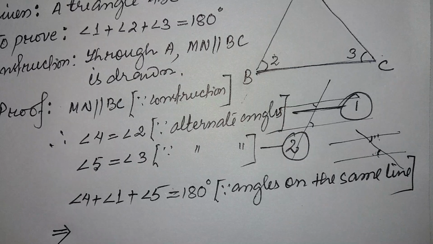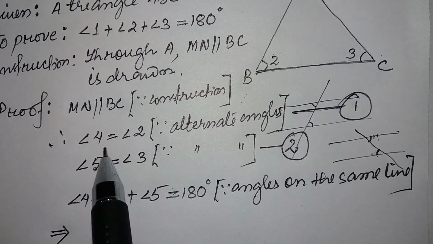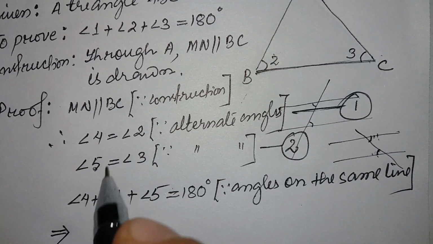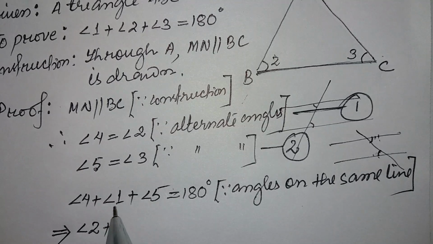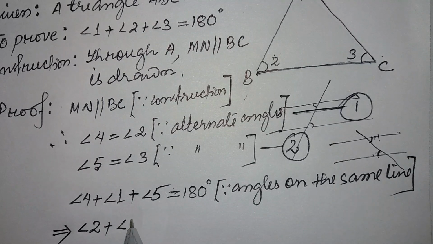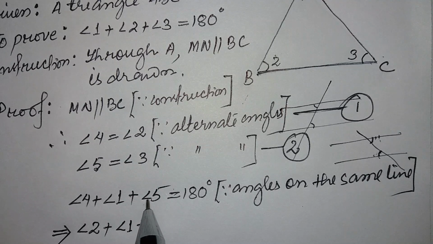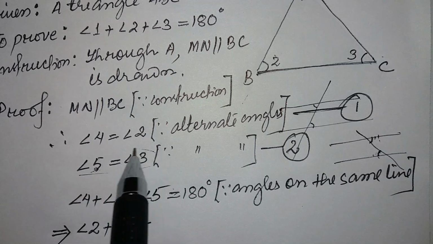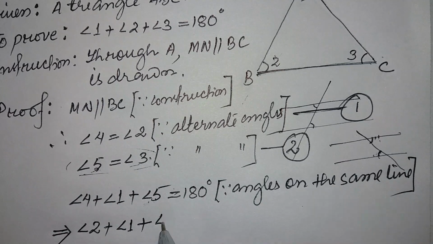Now here from 1 we have angle 4 is equal to angle 2. So in place of 4 we can write here angle 2, and angle 1 is here, and again in place of angle 5 we can write angle 3. This is from 2: we have angle 5 is equal to angle 3.